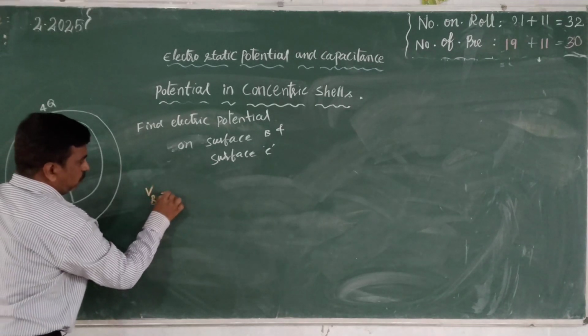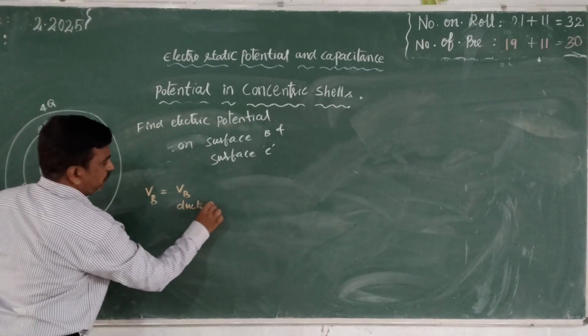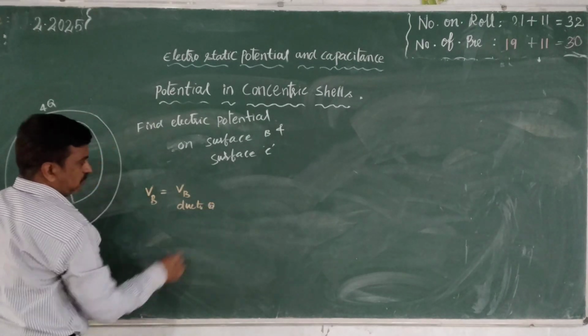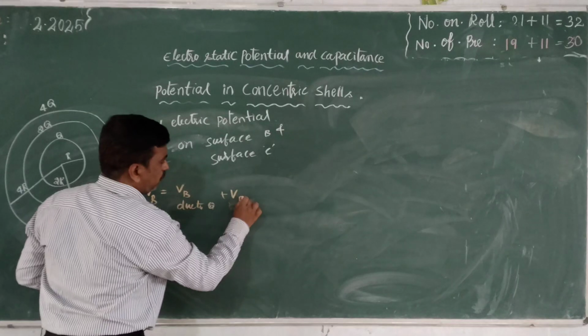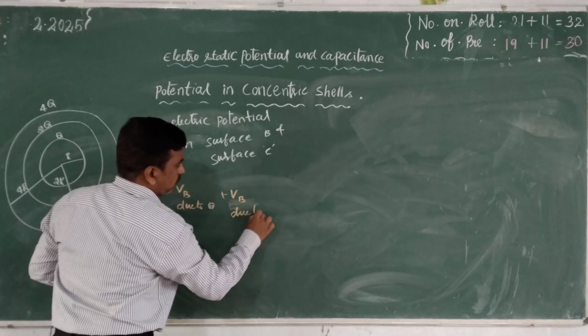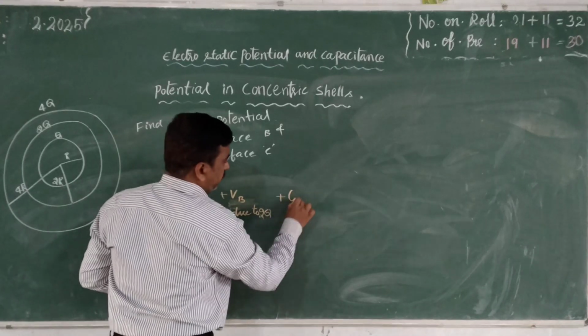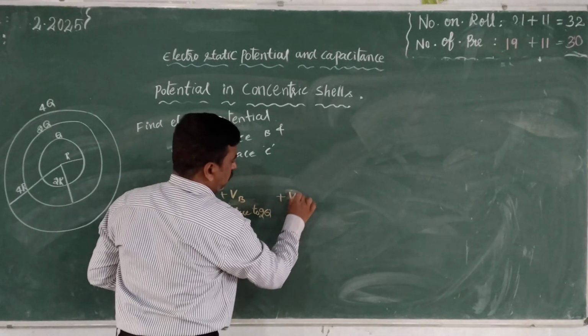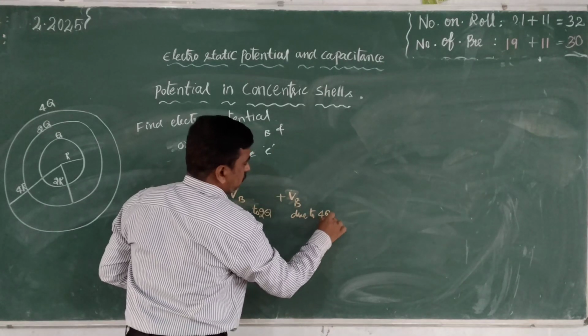The potential on B is the potential on B due to the first surface, meaning due to charge q, plus the potential on B due to 2q, plus the potential on B due to 4q.